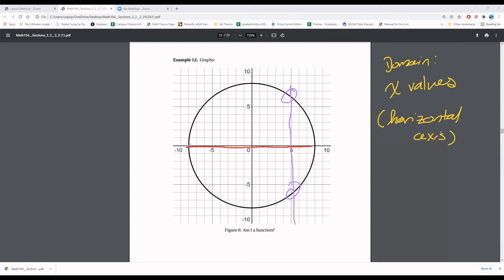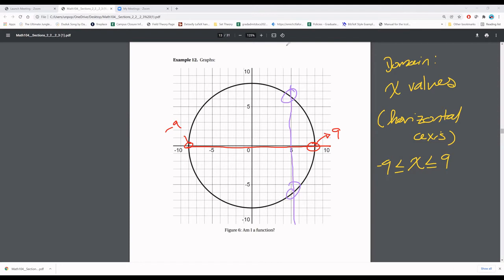It looks like my domain goes from negative 9 to positive 9. So I get all of the x values between negative 9 and positive 9. That would be my domain, everything along the horizontal axis that is covered by the graph.